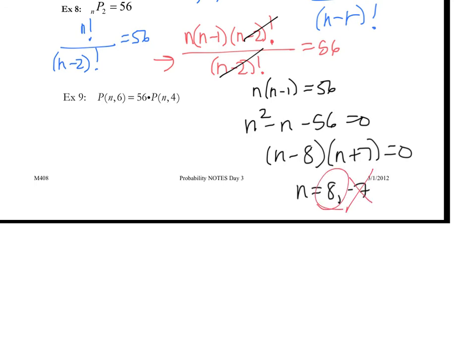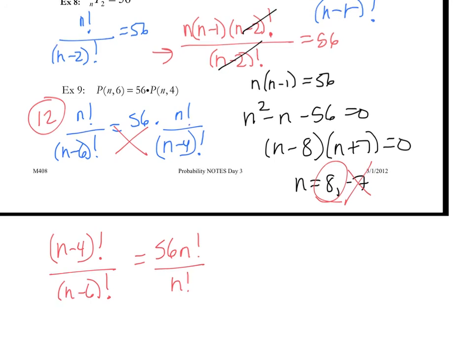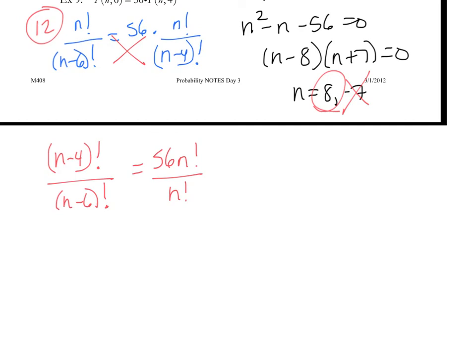The answer for number 9 is 12. In this problem, rather than going ahead and writing n factorial in terms of (n minus 6) factorial, I decided to go ahead and cross multiply. After cross multiplying, I end up getting the expression that you see down here in red. This expression is much easier to work with. I can cross off the n factorials, and then I can rewrite my other one such that I have the bigger one.